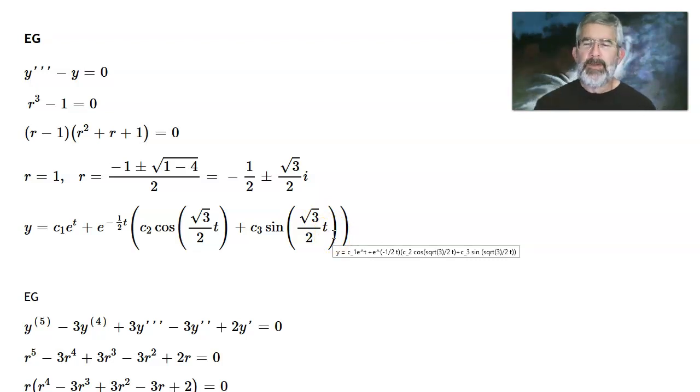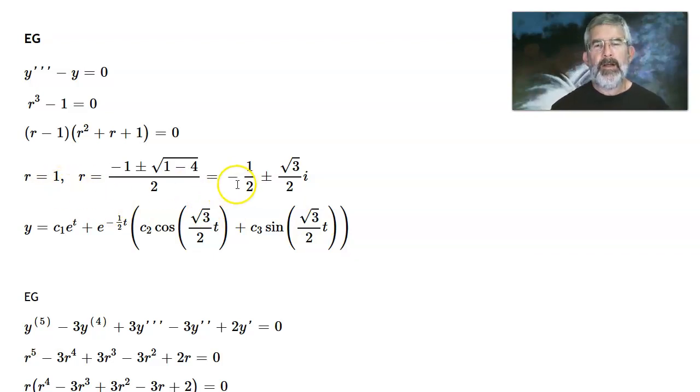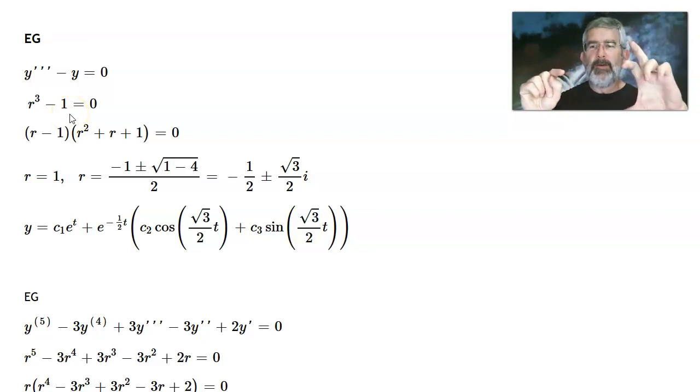That being said, though, they're kind of weird, but think about it on the complex plane, right? The 3 solutions here, 1 and minus a half plus or minus radical 3 over 2 i, are the 3 cube roots of 1. So they're equally spaced around the origin. The origin's here. You got 1, 2, 3 solutions.